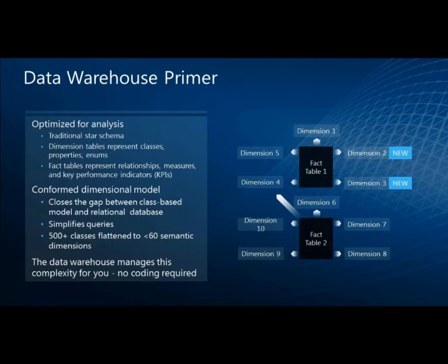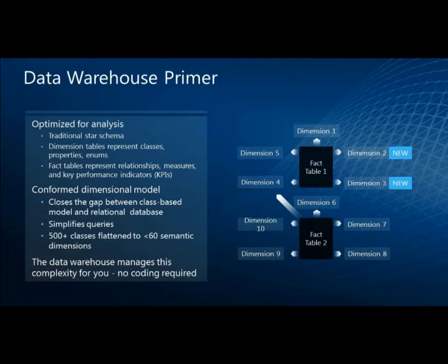Now, data warehouse terminology, just to make sure everybody's across this. A data warehouse is really optimized for analysis. It uses what we call a star schema. It has dimension tables that represent classes, properties, and enumerated values, and fact tables that represent relationships or specific measures and our key performance indicators, or KPIs.